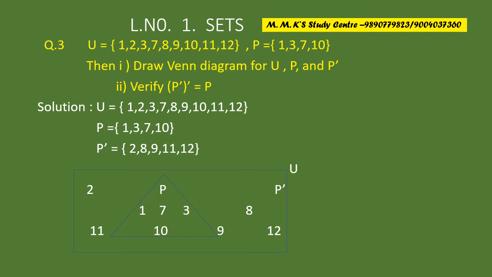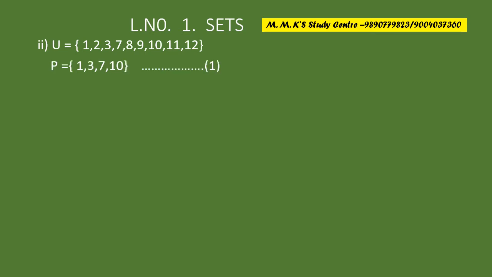Now we are going to verify that complement of P complement is equal to P. For that, first of all we'll write the universal set, then P, and the P set we'll label as 1.